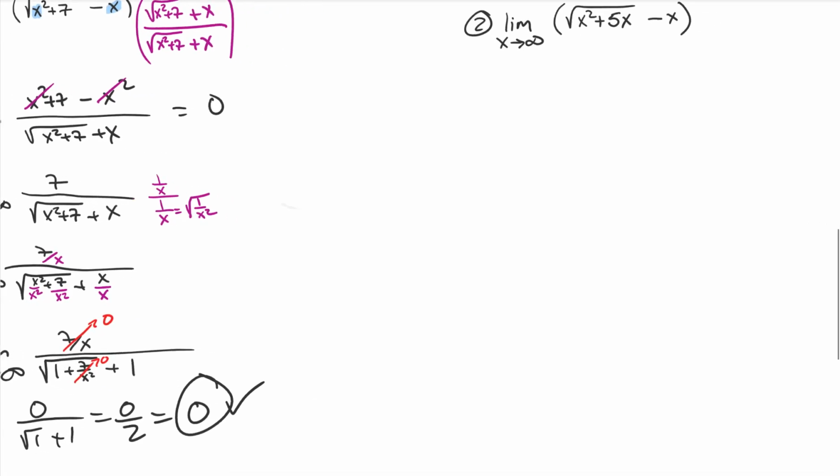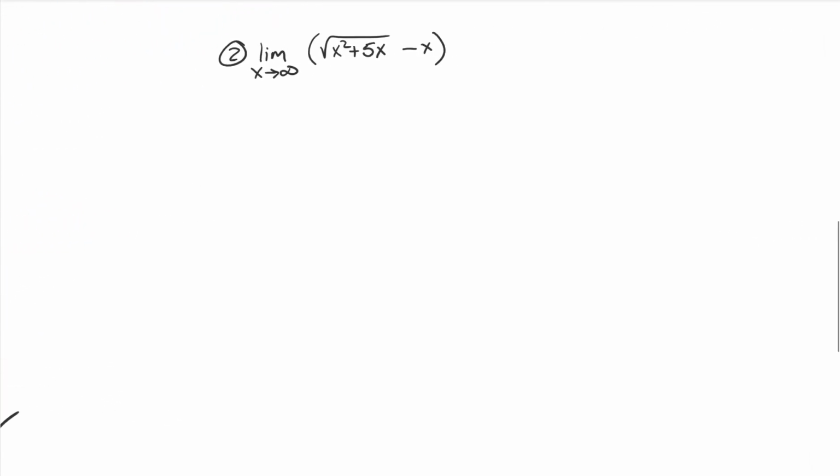Let's go to our next. This case isn't going to 0. It's a little bit different. Same idea here, right? You plug in, you get an infinity minus an infinity, telling us we better do more work.